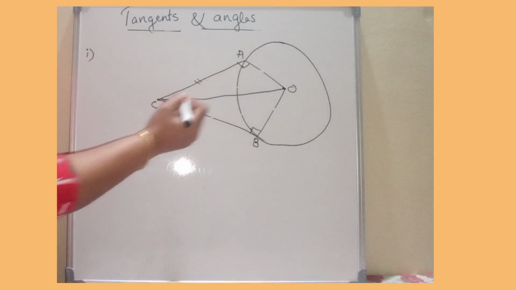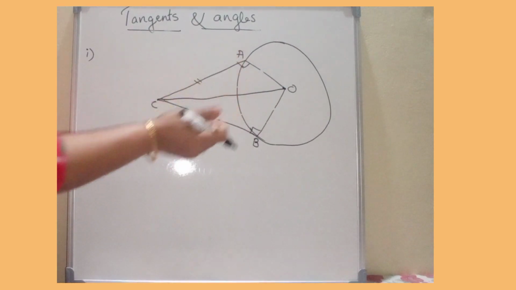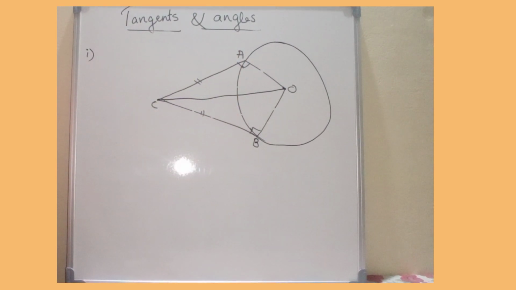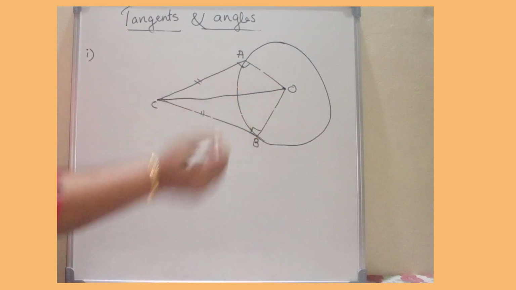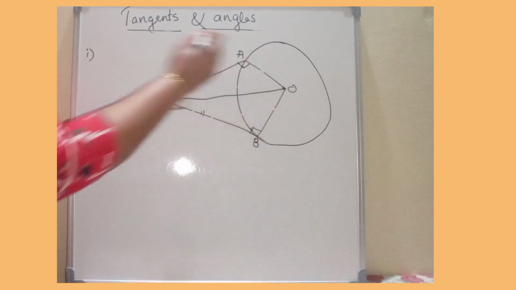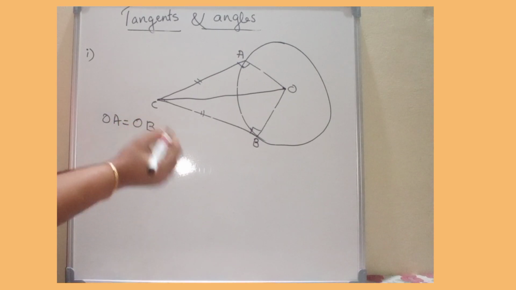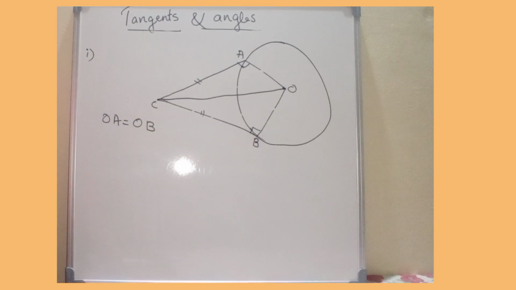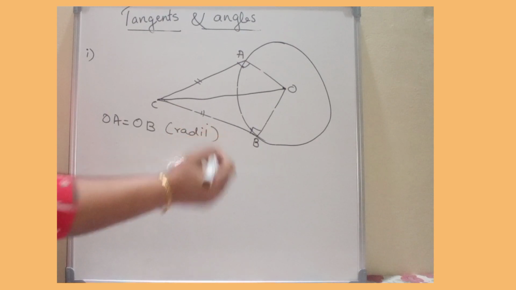So, consider these two right triangles OAC and OBC. We have OA equal to OB. What is the reason? OA and OB are the radii of the circle, so they are equal.